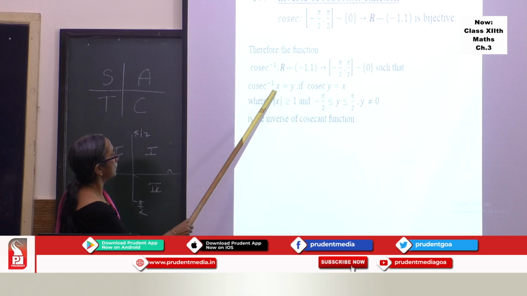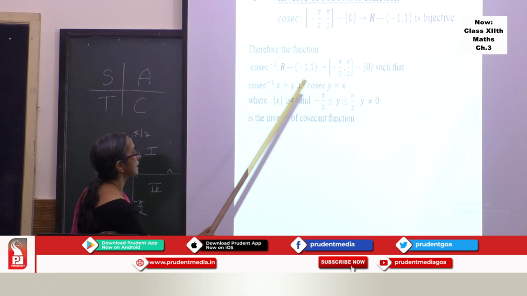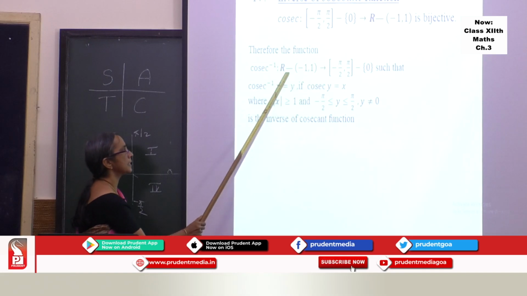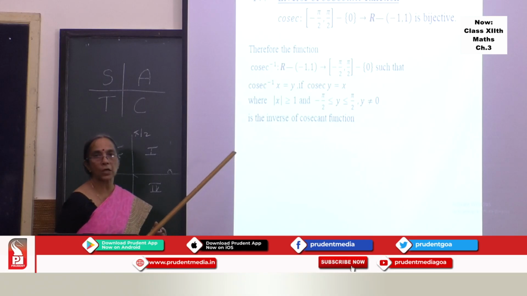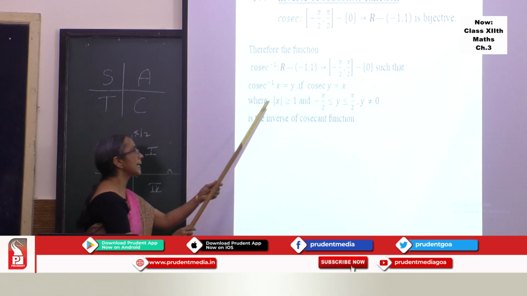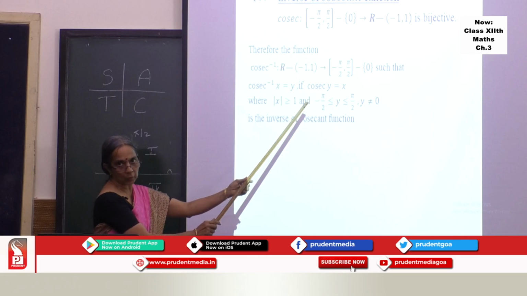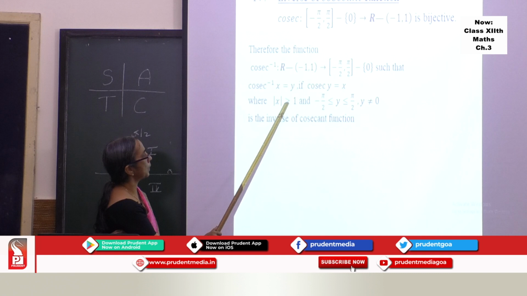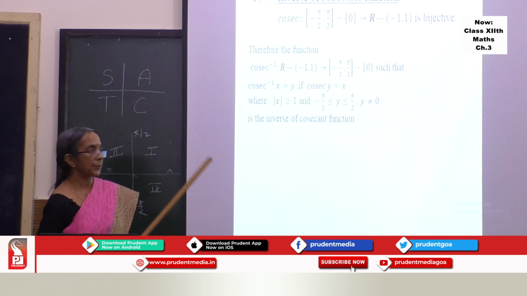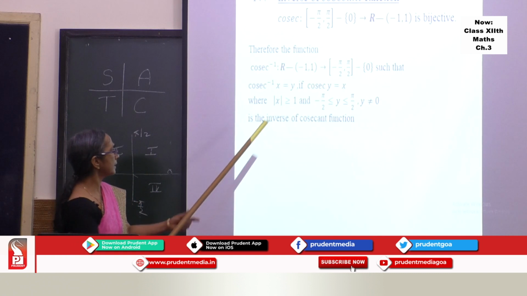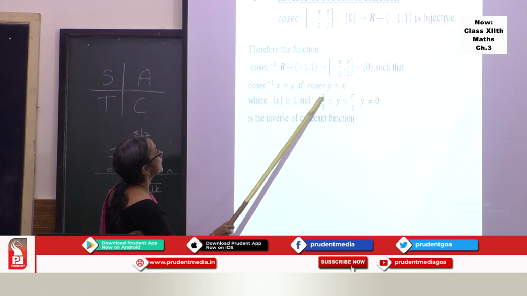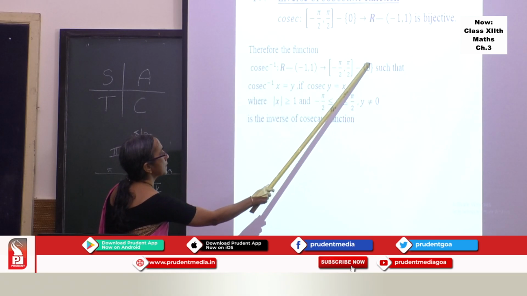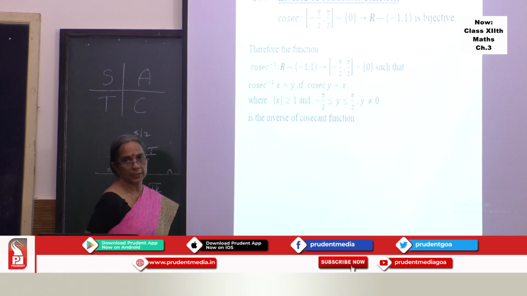Cosec inverse of x is y if cosec y is x, where modulus of x is greater than or equal to 1. The meaning is the same: x can be any number greater than or equal to 1, or less than or equal to minus 1. Similarly, y is between minus pi by 2 and pi by 2, and y is not equal to 0.